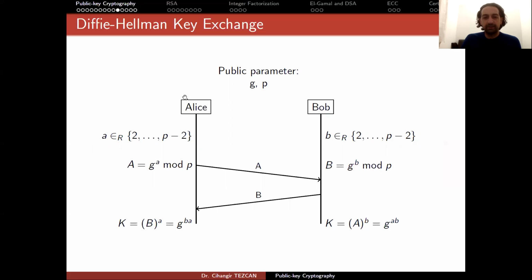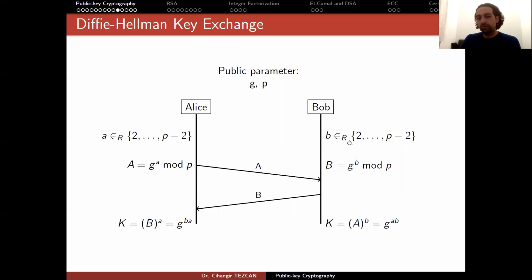If we perform these operations modulo P using the multiplicative group, then this is what happens. Alice chooses a random number a between 2 and P minus 2 and computes G to the a modulo P, and let's say this is represented with capital A. Alice sends capital A to Bob.